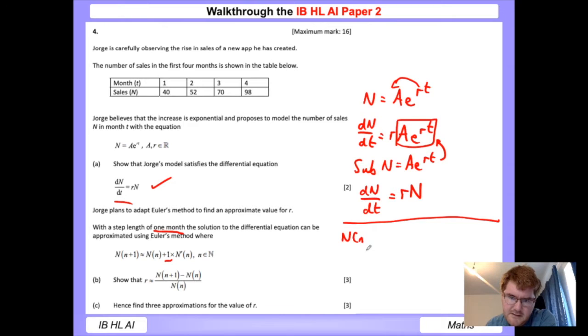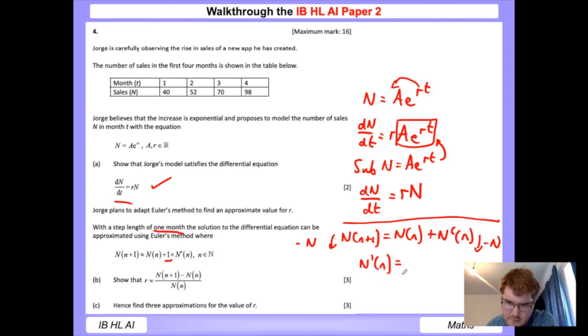So n(t+1) is equal to n(t) plus the differential of it. I'm just going to rearrange this. So I'm going to minus the n(t) from both sides, not a differential, but this function here. So that gives me n'(t) equals n(t+1) minus n(t).